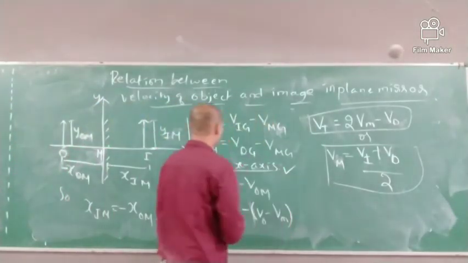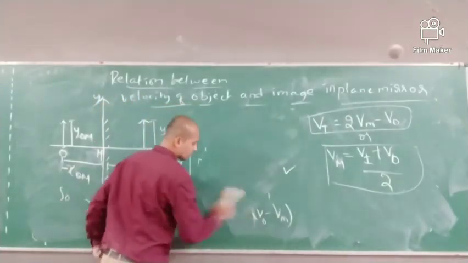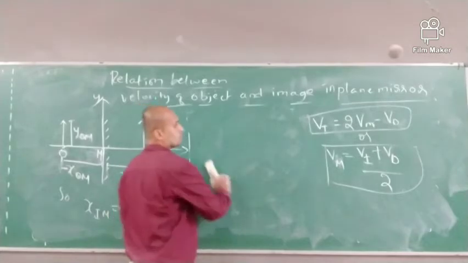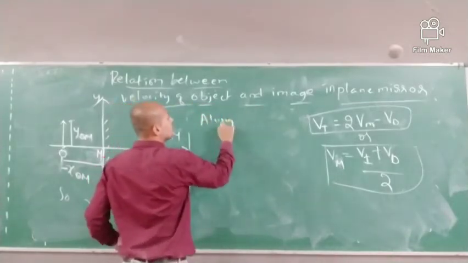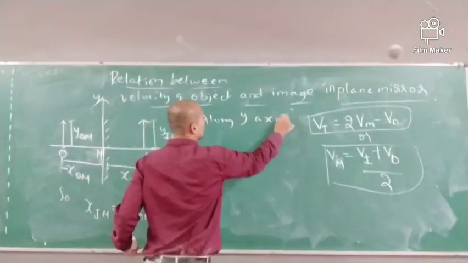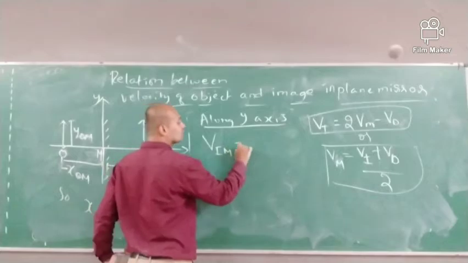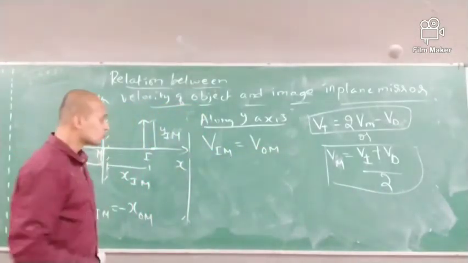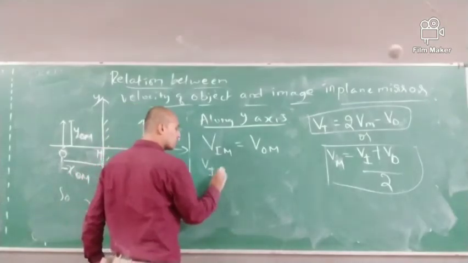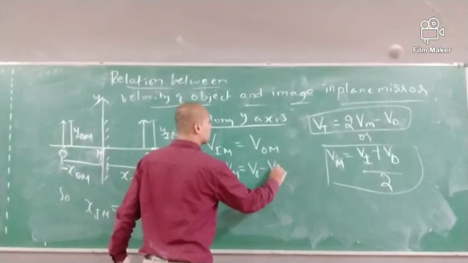Along y-axis, velocity of image with respect to mirror was velocity of object with respect to mirror. So here VI minus VM will be equal to VO minus VM.